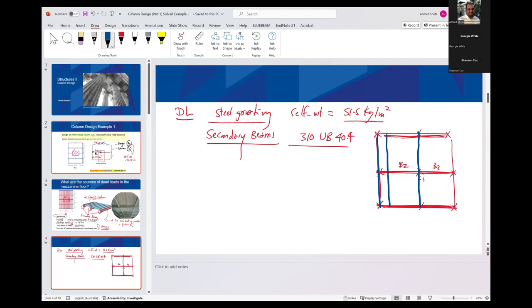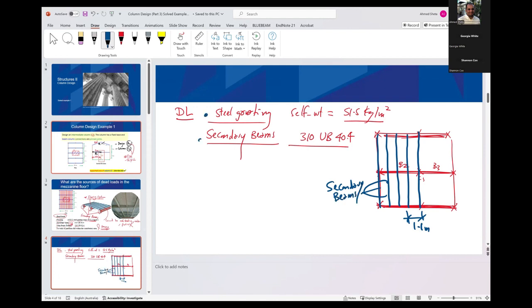Whatever the number of secondary beams is, you can assume whatever value you want. For example, similar to this example, 1.1 meters between each of them. So these blue ones are the secondary beams.